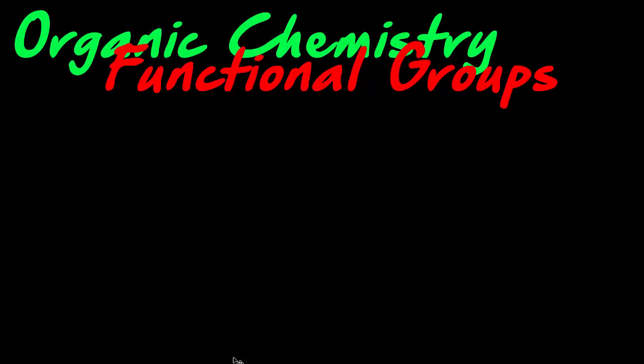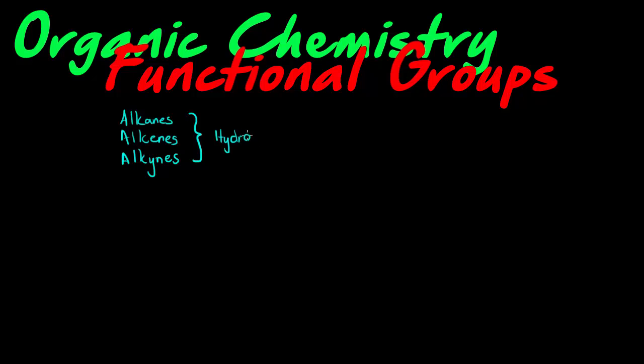We're still looking at functional groups of organic chemistry. In the previous one we looked at the alkanes, alkenes, and the alkynes. Each one of them represents a functional group, but together they are called the hydrocarbons.